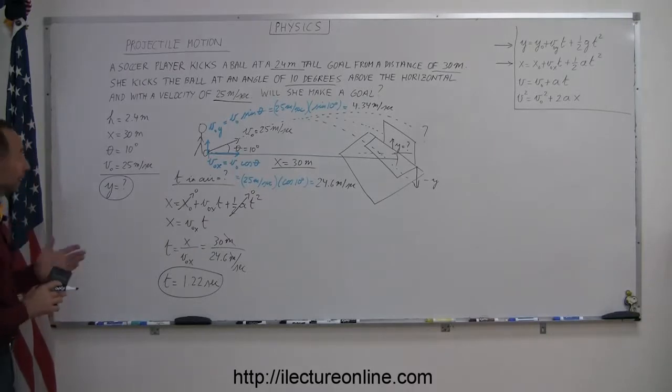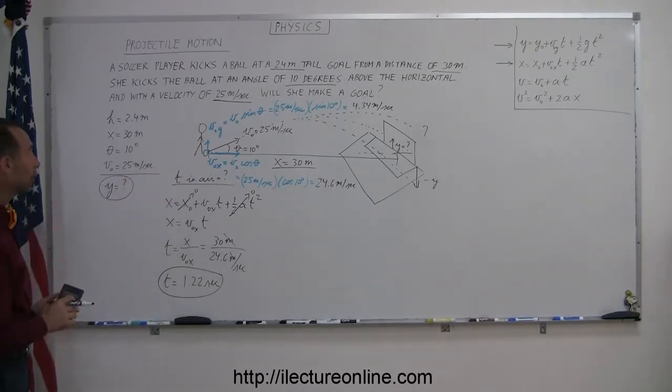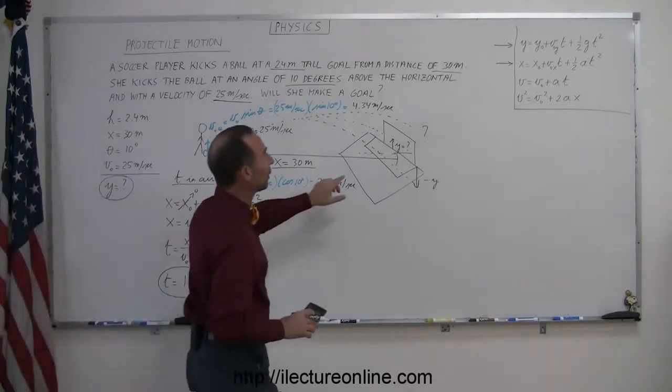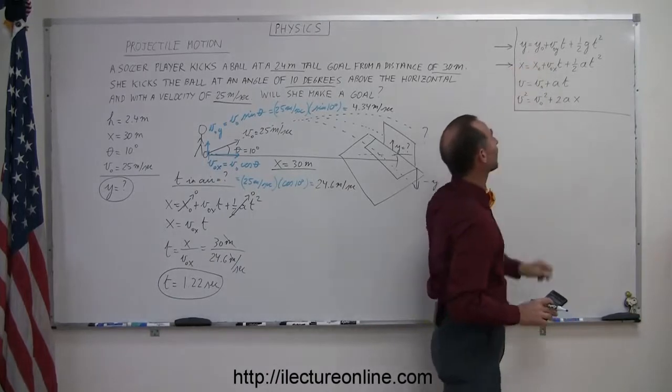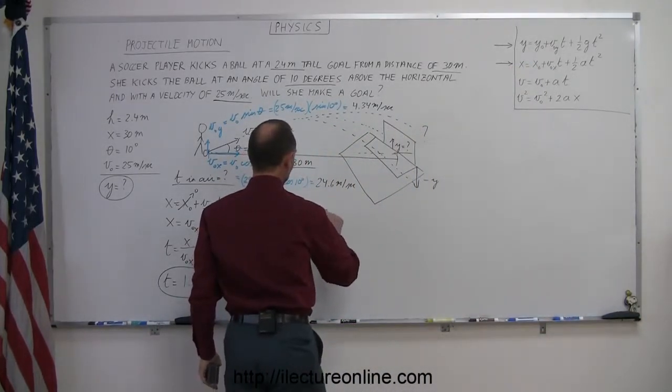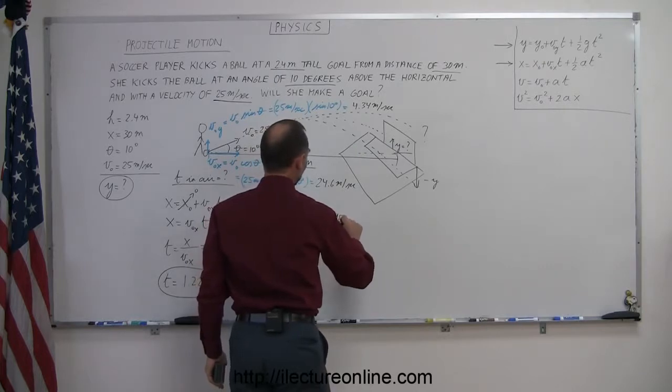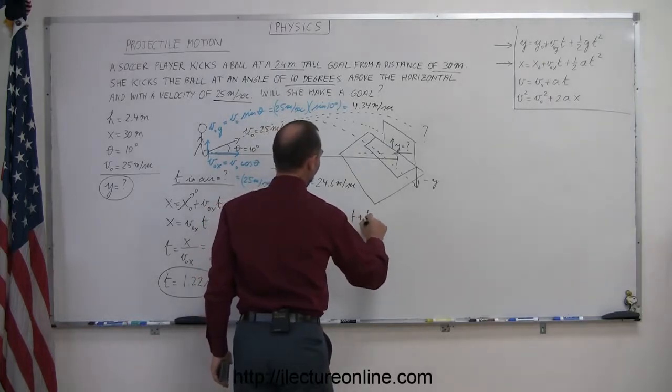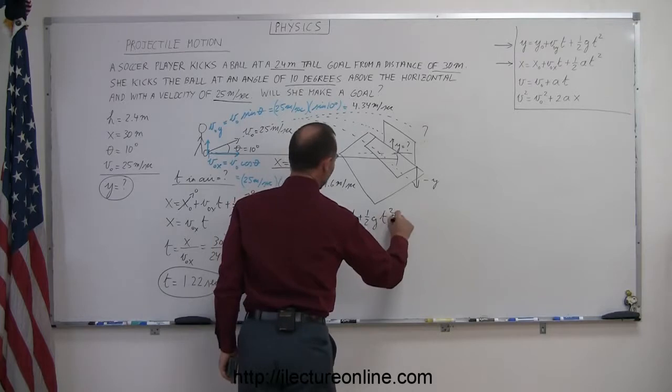All right, now that we know how long the ball will be in the air, by the time the ball reaches the goal, how high will the ball be at that point? We're now going to use this equation to figure out the final height. So we have y equals y sub naught plus v sub naught in the y direction times time plus 1/2 gt squared.